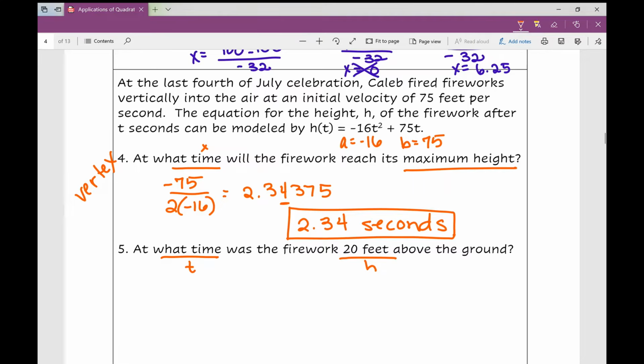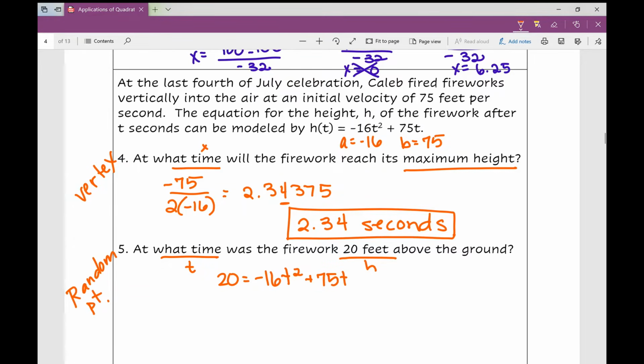Okay, at what time? At this point, we're just looking for a random point, okay? What is t when h is 20? Well, let's just plug in 20 for h and see what it looks like. So instead of h of t, I'm going to plug in 20 equals, and I'm going to write everything else down.